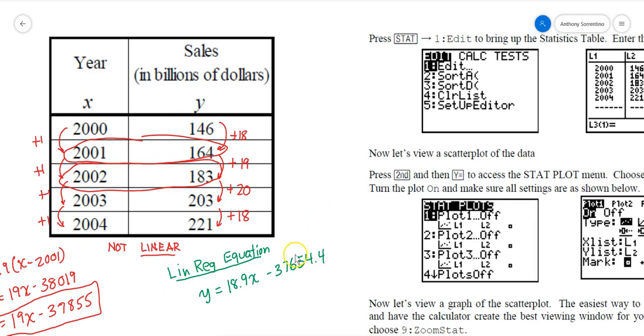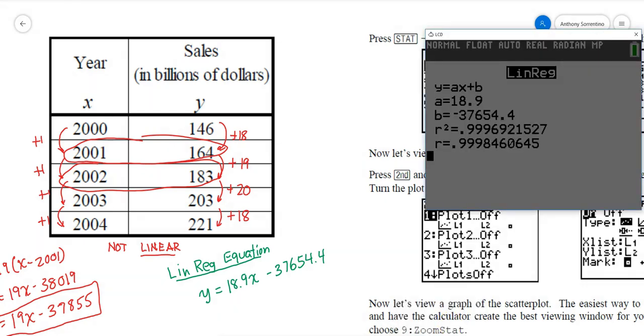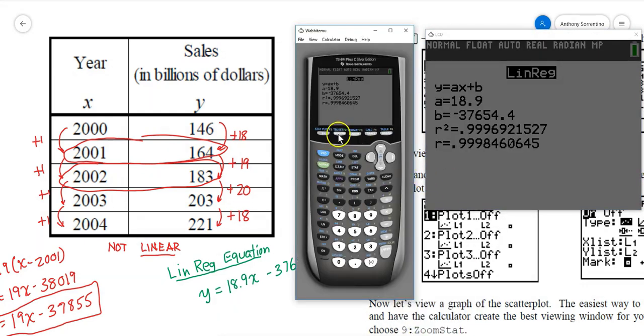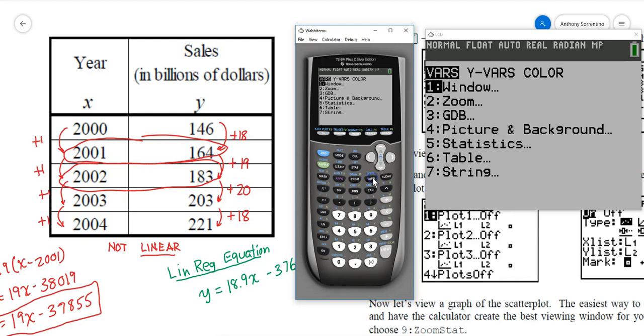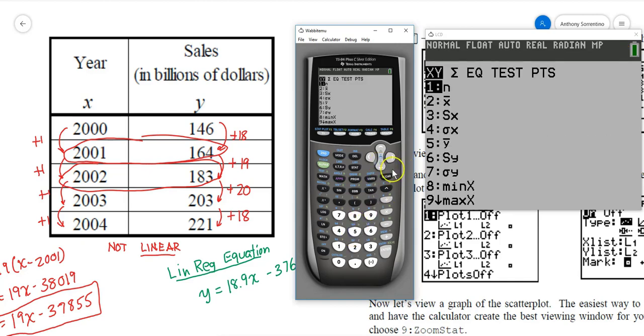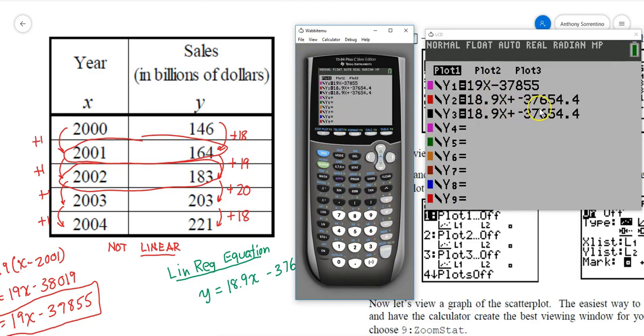But one of the cool things about doing it the way I had is if I go back to y equals, you're going to see that the regression equation has been stored there. My other option, just to show it, is that I also could have gone to variables, under statistics, 5, and under equations, the very first one says regression equation, and it would have popped up the same thing.